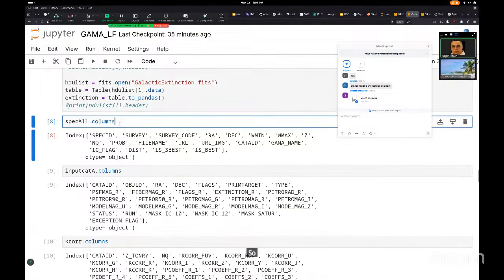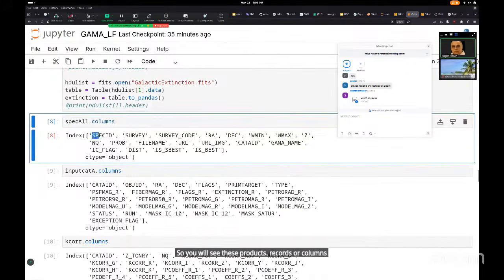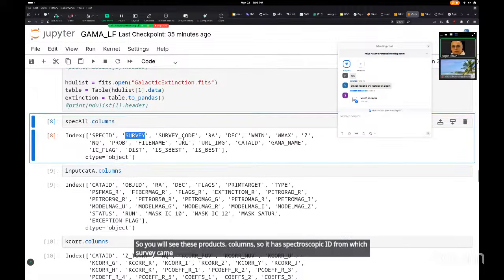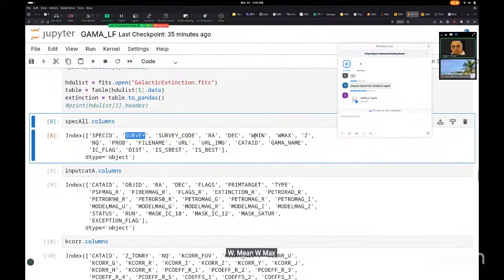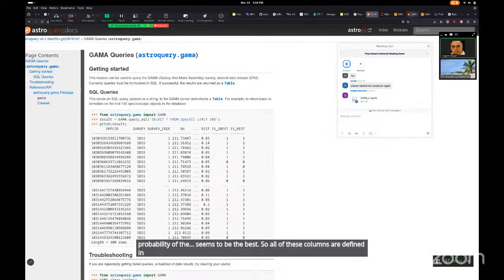So you will see these columns in spec cat. It has a spectroscopic ID, from which survey it came from, what is the code of the survey, the RA and Dec, which is the position on the sky, Z is redshift, and Q is some kind of quality flag, the probability of the redshift to be the best. So all of these columns are defined on the GAMA website.